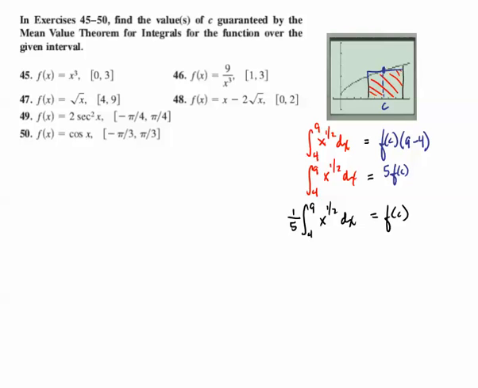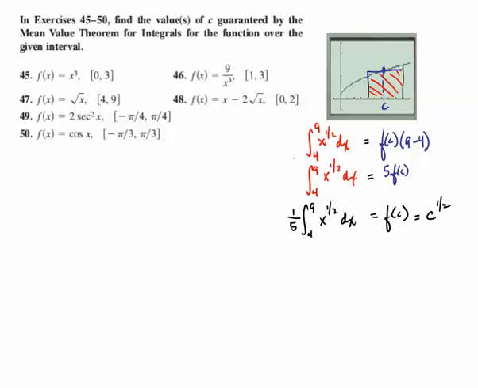And so everything on the left we can calculate algebraically. Then we're going to set the function equal to that value and solve for c. Remember that in this case f of x is the square root of x, so f of c would be c to the 1/2 power.